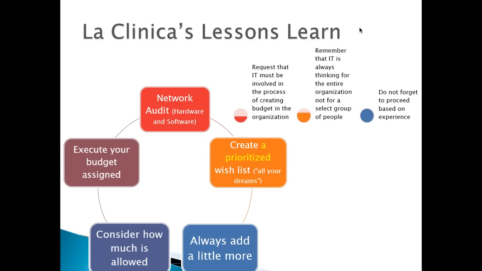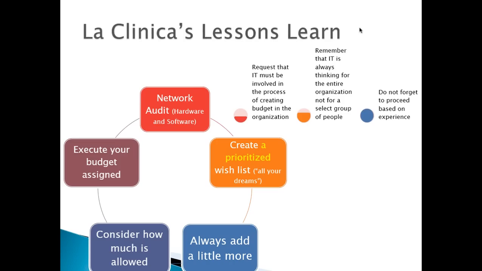We at La Clínica use every single dime that they provide us, because if you don't spend it, next year they are not going to give you more. And if you pass the budget that you have, they're going to say that you are not managing well the budget allowed. So this is something very important that we at La Clínica take seriously, and that's how we handle our budget and money.